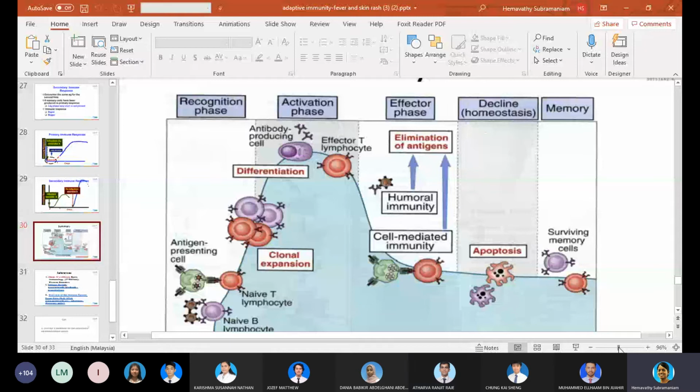Okay, now we have MHC class 1 and also MHC class 2. Can I request other students as well to take part? Function of MHC class 1 and MHC class 2. Can you make it a discussion? The others, would you want to give a try?